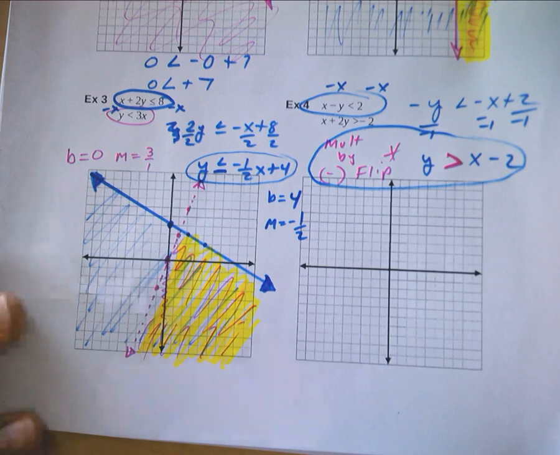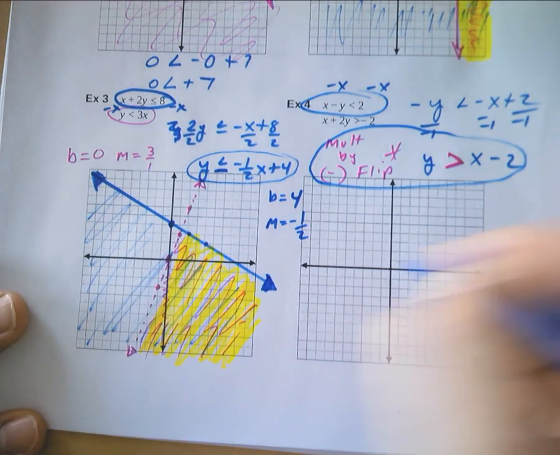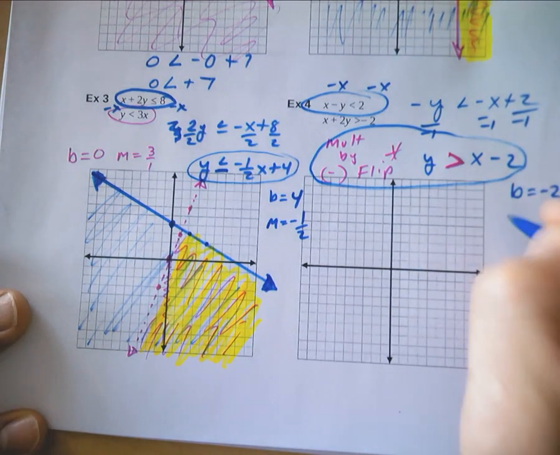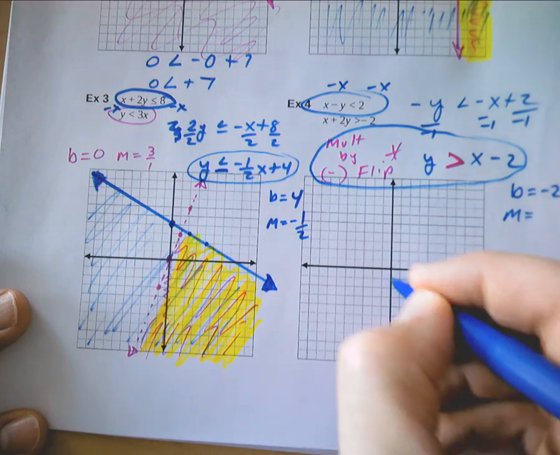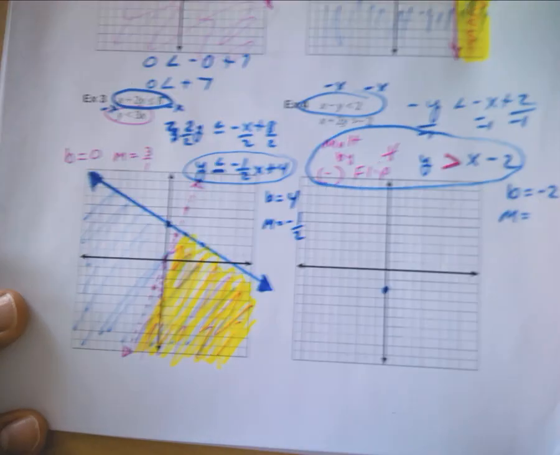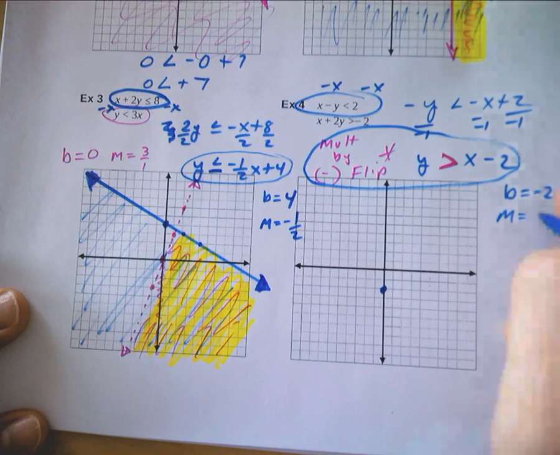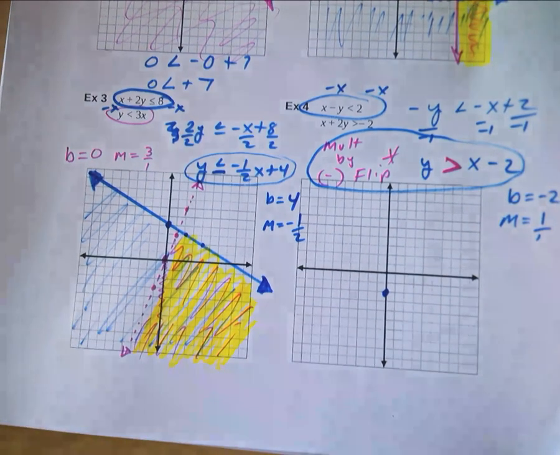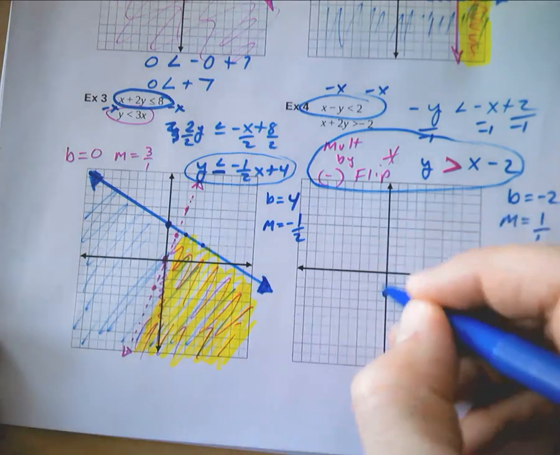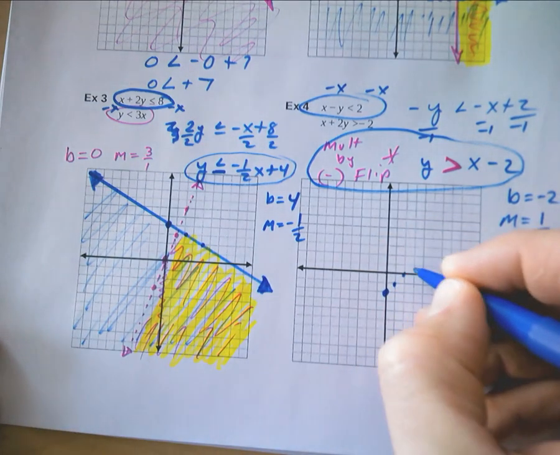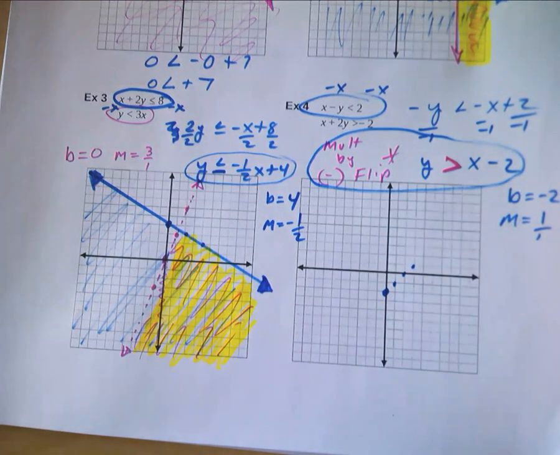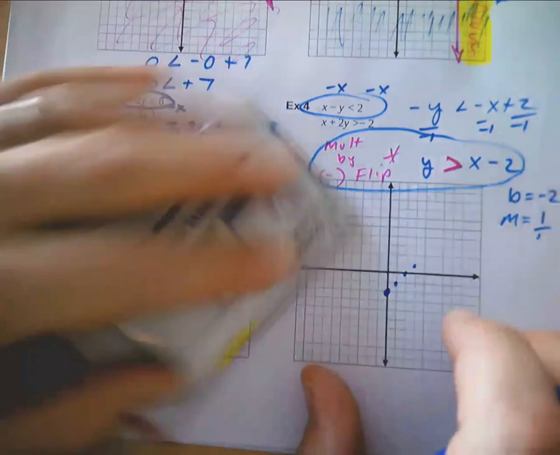So we'll go ahead and graph that. I go down to 2 for my b value, which is negative 2. So I go down 1, 2. And then my slope is 1, think 1 over 1. So that makes it easy. Up 1 over 1, up 1 over 1, up 1 over 1. And it's greater than.